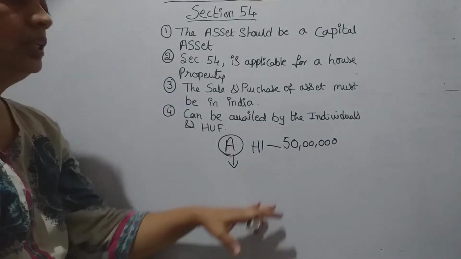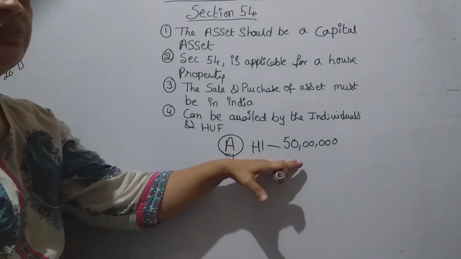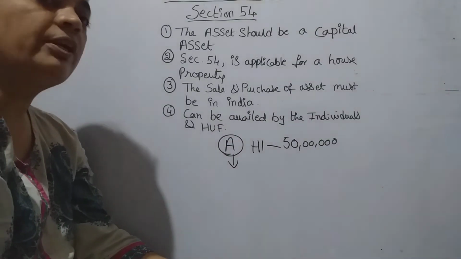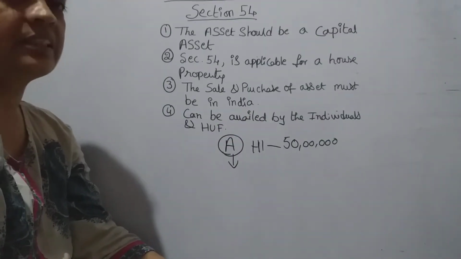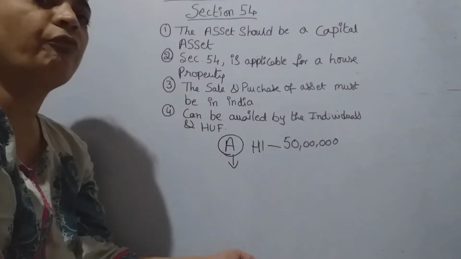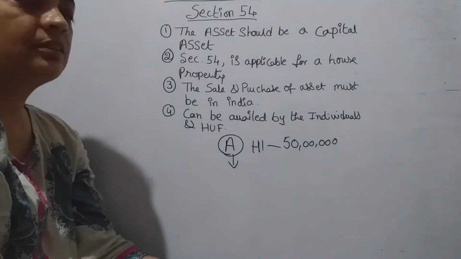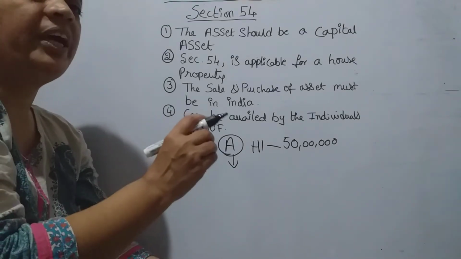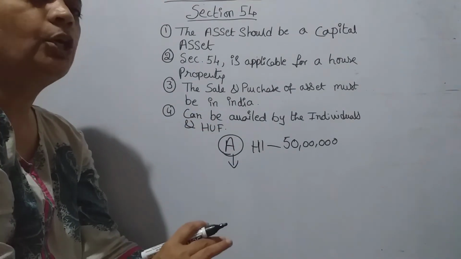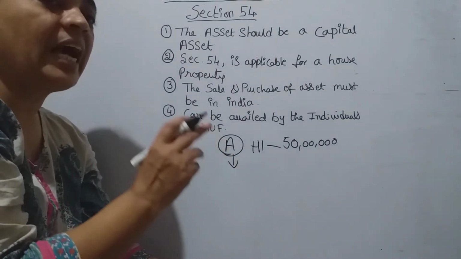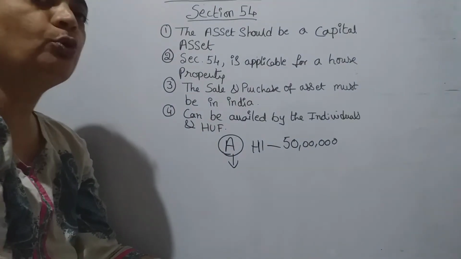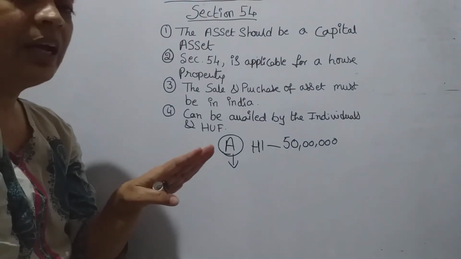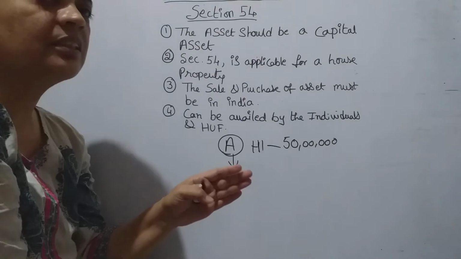He purchased the asset for 50 lakhs and sold it for 60 lakhs. Then the profit is 10 lakhs. On that, generally we need to pay tax. But to avoid that tax payment, if you do 3 things, then you are exempted from paying tax.